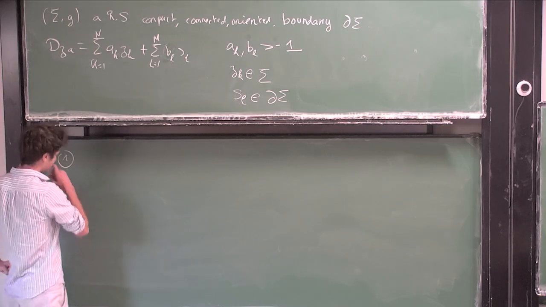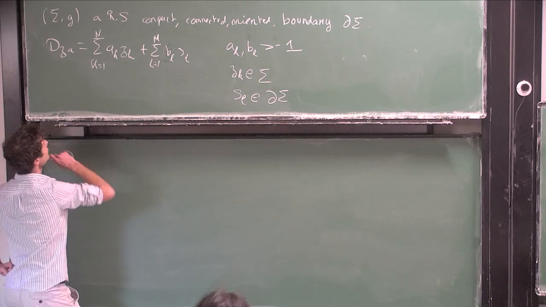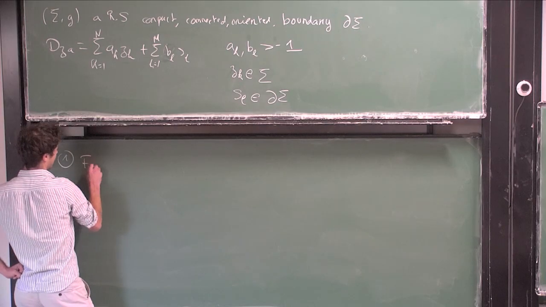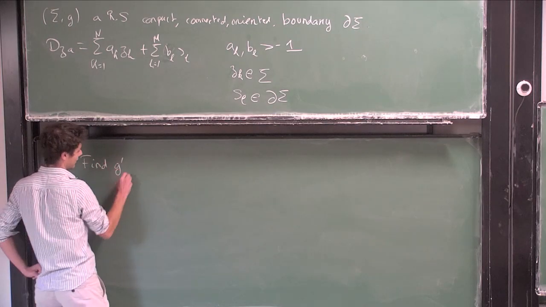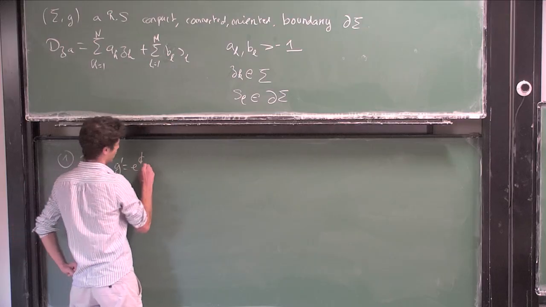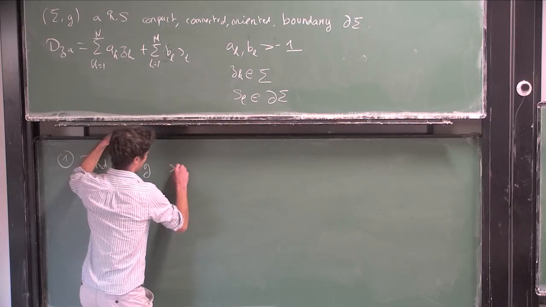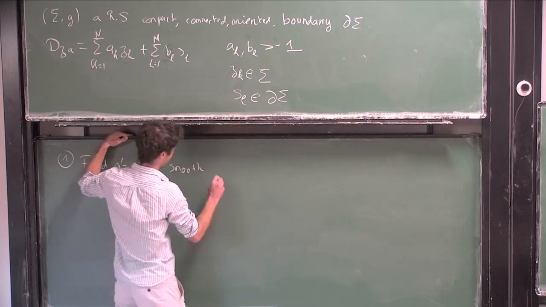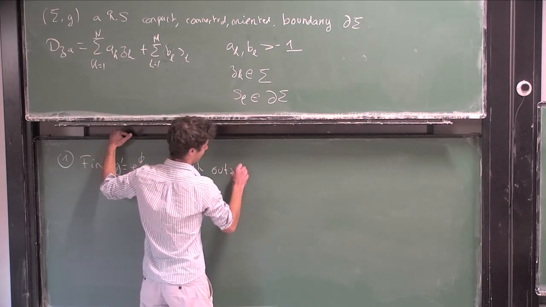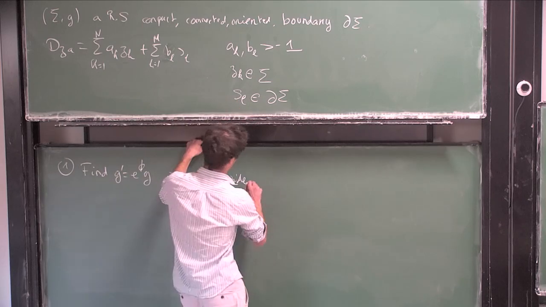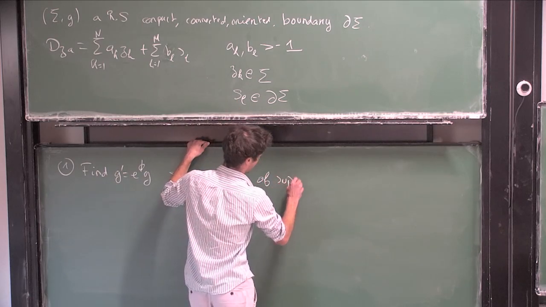The classical question inherent to Liouville CFT is the following. It asks for finding a conformal metric g' which takes the form e^φ g, which is smooth or regular enough outside of the punctures, the support of my divisor.